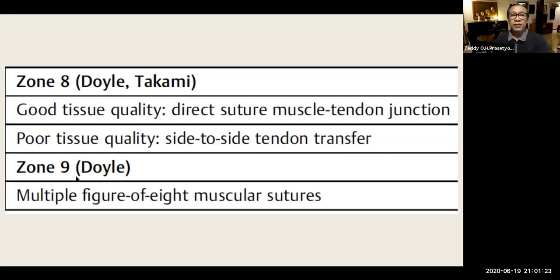With zone 9, you just use the mattress concept, or with this suggestion by Doyle, you may use figure-of-8 suturing technique for the muscle. Otherwise, if you just suture it with a simple suture technique, the suture will just tear the muscle structure. So it is always with the concept of mattress.